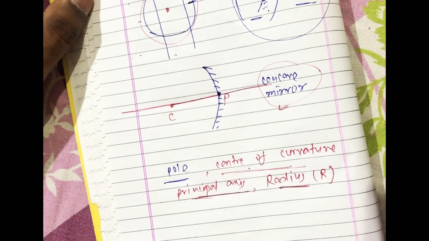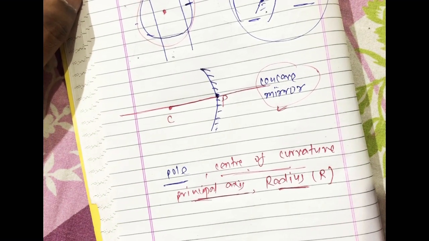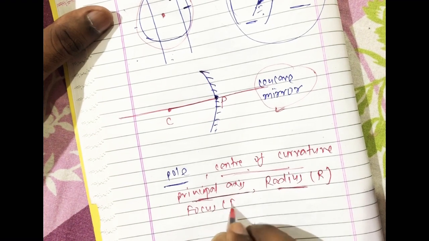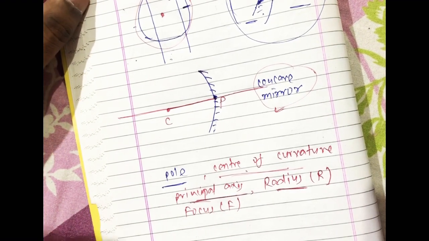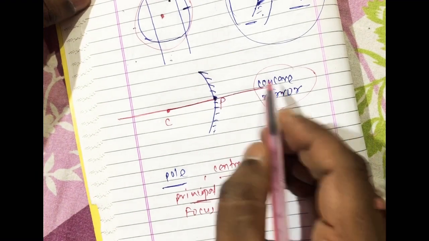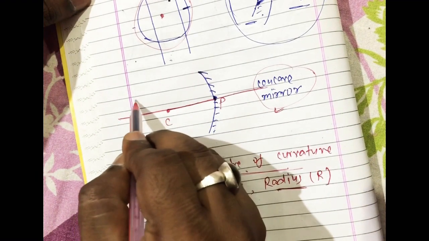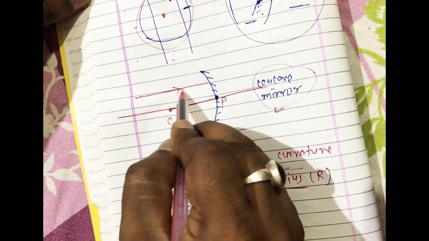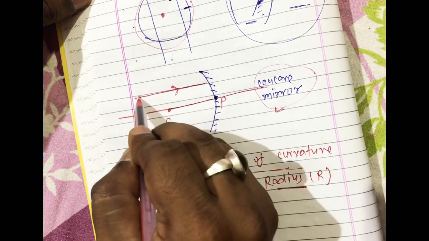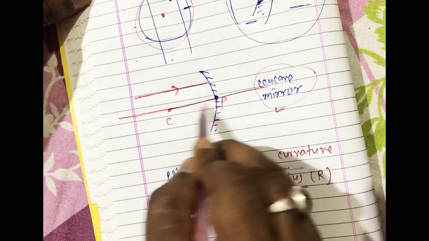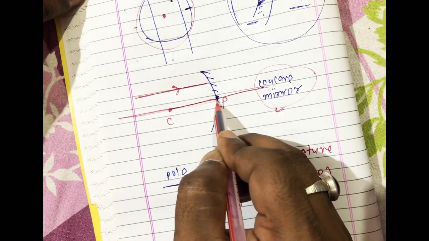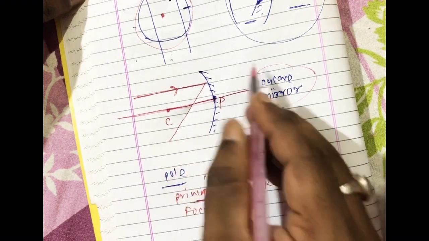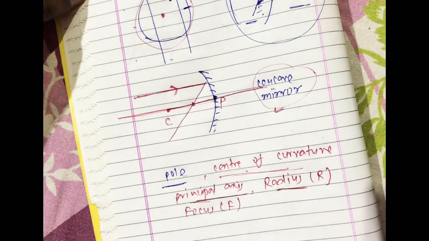Now the next term is principal focus, or simply focus. Focus is denoted by the symbol capital F. We know that when incoming light rays, that is incident light rays, are parallel to the principal axis, then after reflection these light rays will pass through a point on the principal axis.